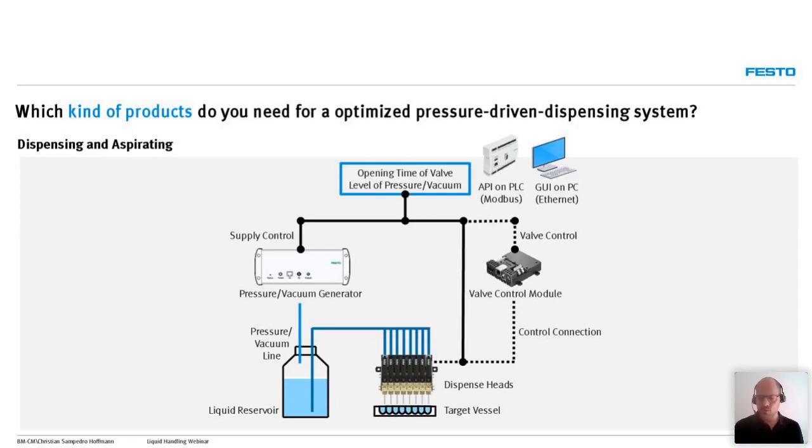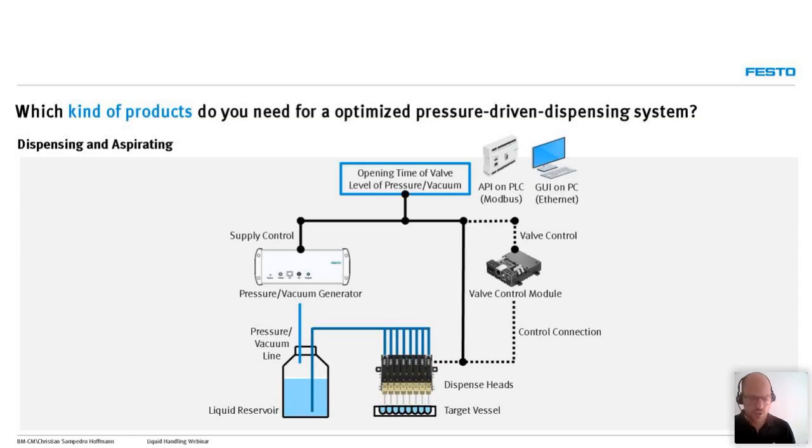And when the time resolution of your PLC is, for example, 10 milliseconds, then for sure you will have different opening times and therefore different dispensed values, and then you will also get pretty bad CVs. Therefore, please be aware that the controlling unit you are using is fast enough.